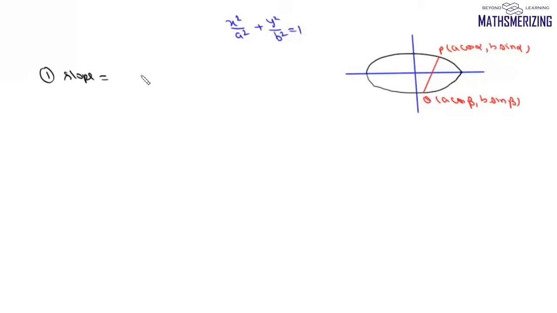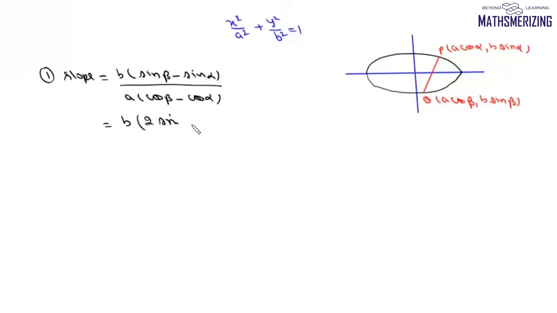So slope of this chord is given by b, and then we can write sin beta minus sin alpha upon a, cos beta minus cos alpha. Now we'll use the formula for sin C minus sin D. So it will be 2 sin beta minus alpha by 2 into cos beta plus alpha by 2.